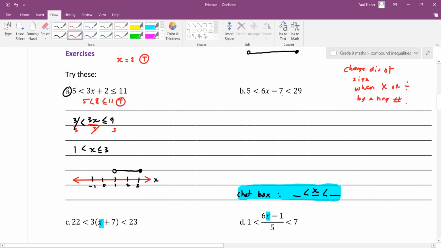So these signs shouldn't change, because we're adding a number and subtracting a number, no problem. And we may multiply or divide by a positive number, so the sign is not touched. So these signs will stay in this direction.